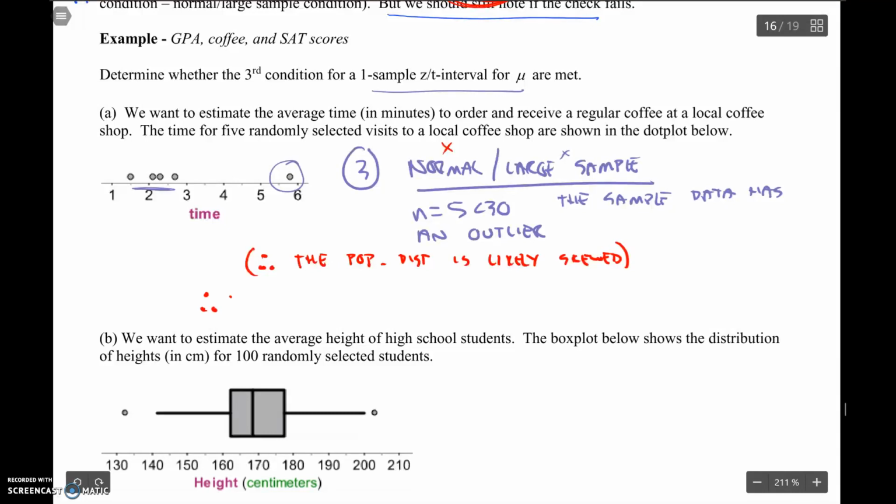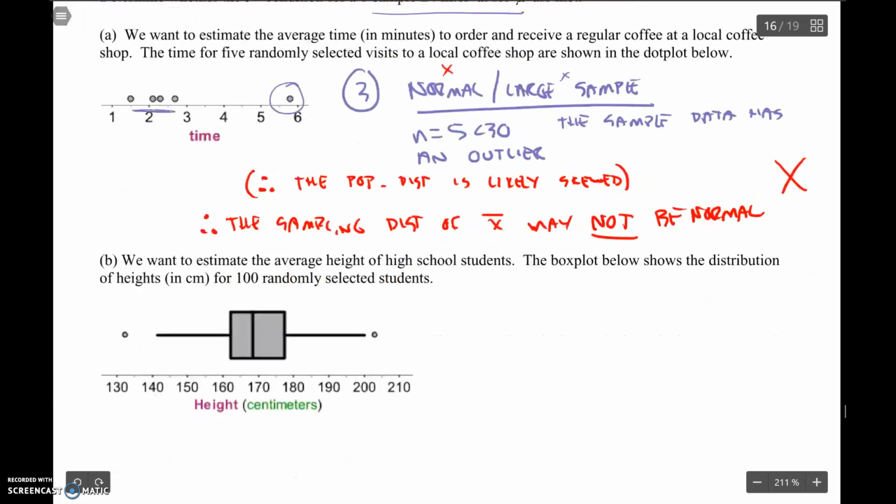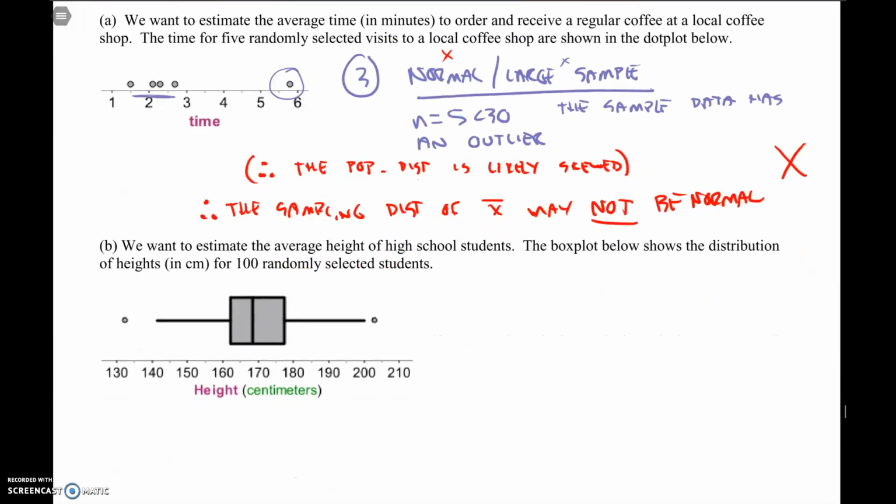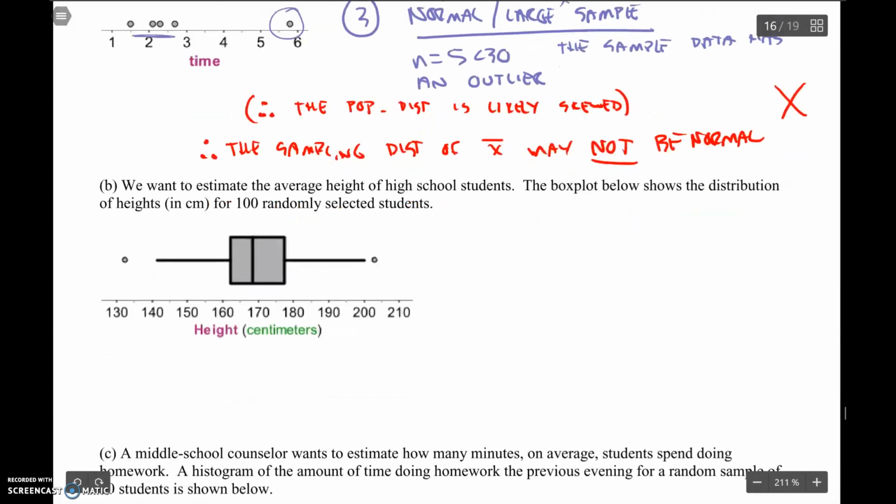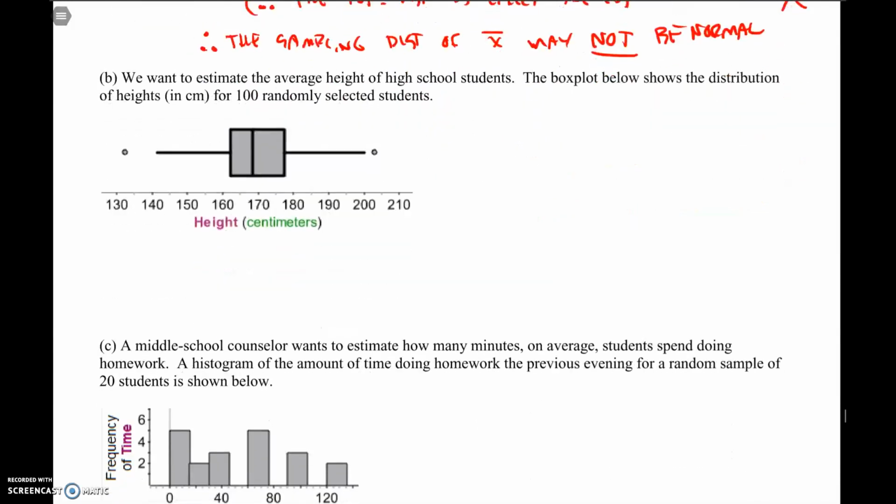Therefore, the sampling distribution of X bar may not be normal. Not sure, but probably not. So this check fails. But, we'd still do the interval if they asked us to, but our interval wouldn't be very reliable.